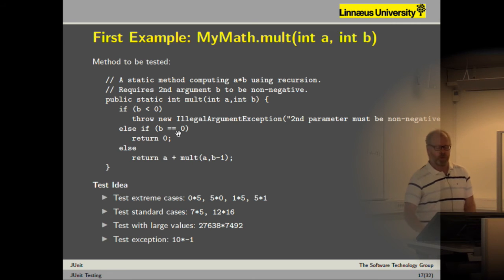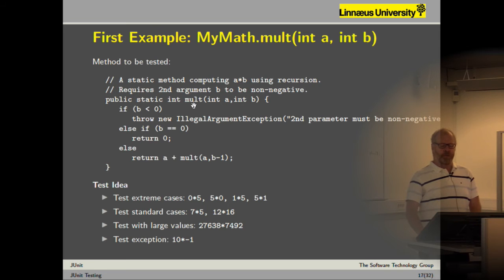I solve the problem by using a smaller problem. So mult a times b will call mult a times b minus 1, and it will call with smaller and smaller b's until it reaches this case where it stops and returns 0. So it's a strange way of computing a times b, but it works.